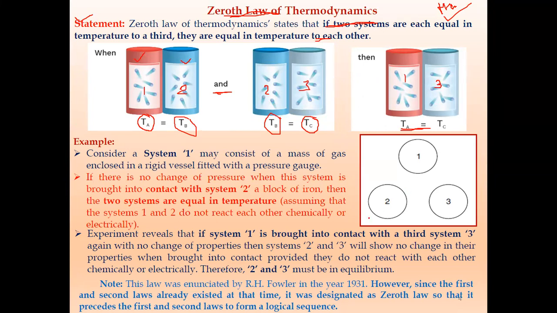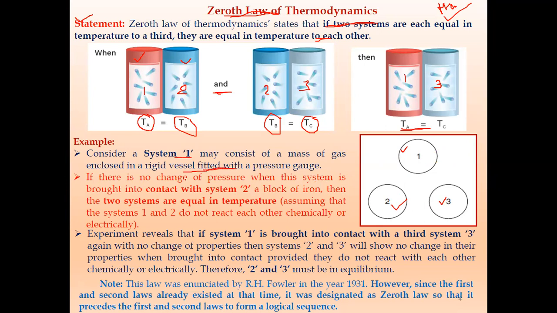Now we will see another example of this zeroth law of thermodynamics. Consider a system 1. This is system 1, this is system 2 and this is system 3. Now we consider that system 1 consists of a mass of gas enclosed in a rigid vessel which is fitted with a pressure gauge.